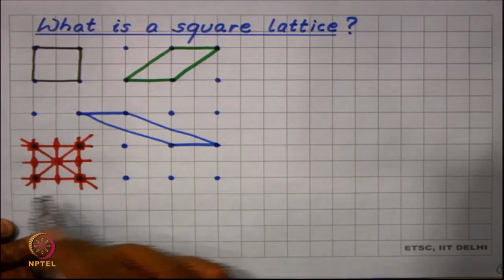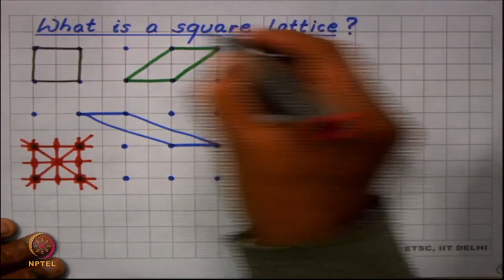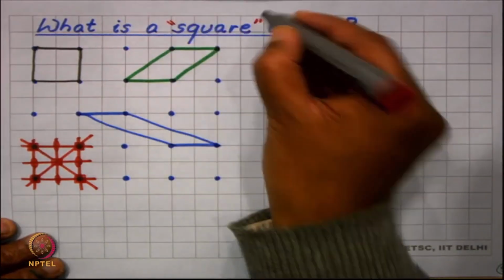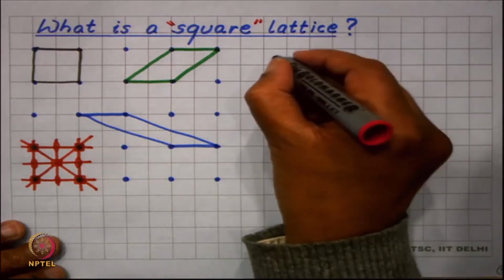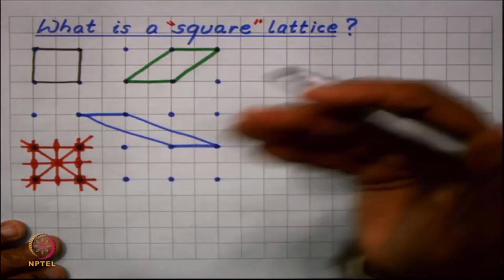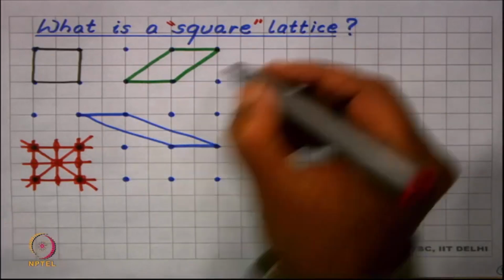So, it is the lattice symmetry which is what decides the nature or the squareness of the lattice. So, in this case we will say the presence of the fourfold is the definitional requirement of a square lattice.